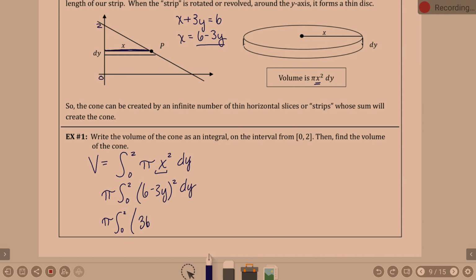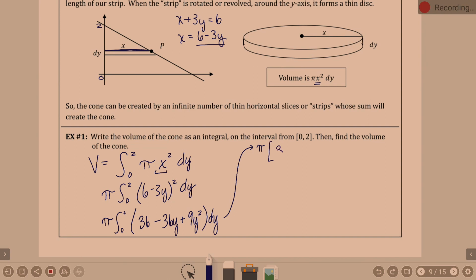The insides are also negative 18y, so together negative 36y. Last, negative 3y times negative 3y is plus 9y squared, dy. So pi, I don't want the integral sign here. We're ready to integrate.